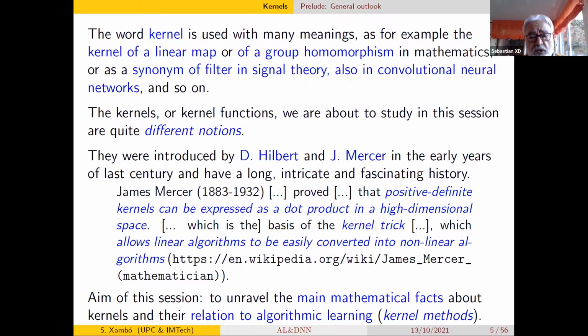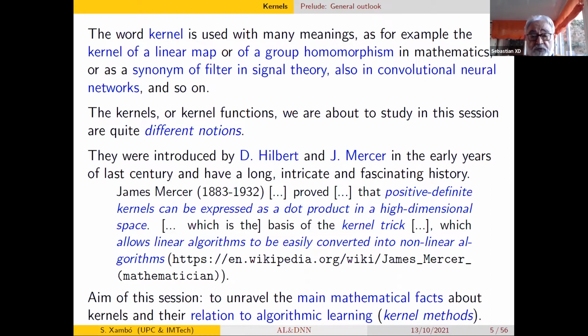But they were actually introduced, under the influence of David Hilbert, by James Mercer in the early years of the last century, and have a long, intricate and fascinating history. Actually, I take this from Wikipedia. Here you have the link.